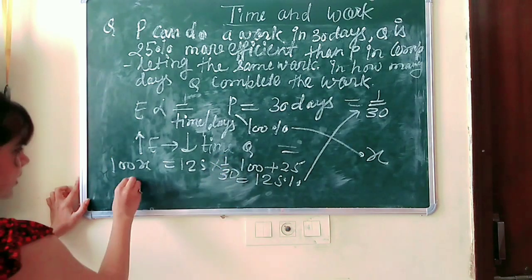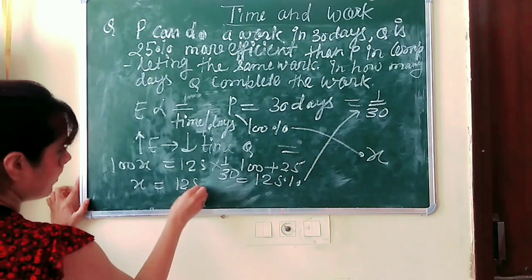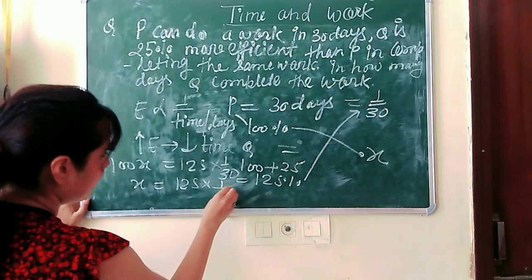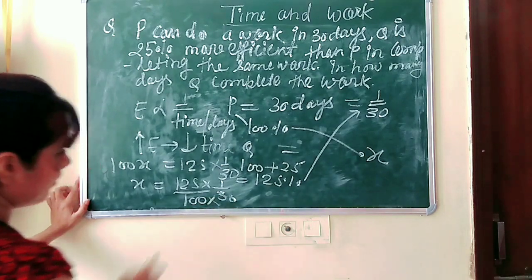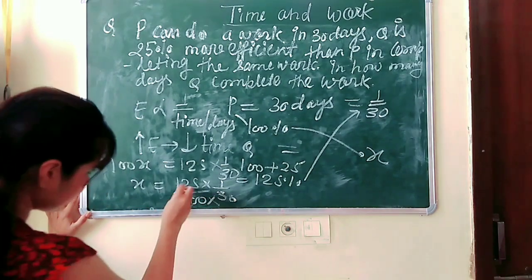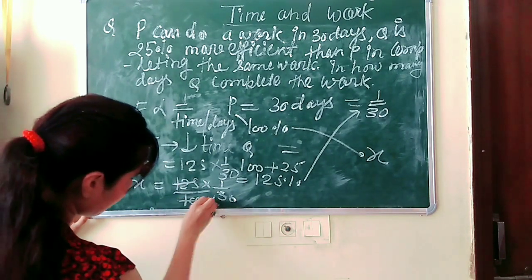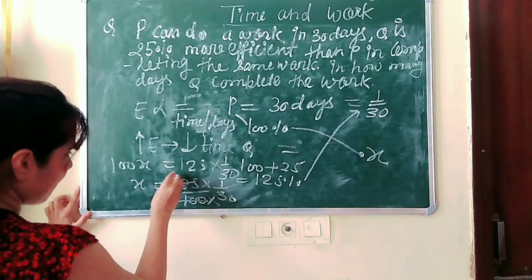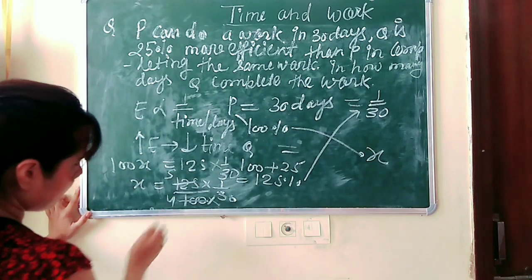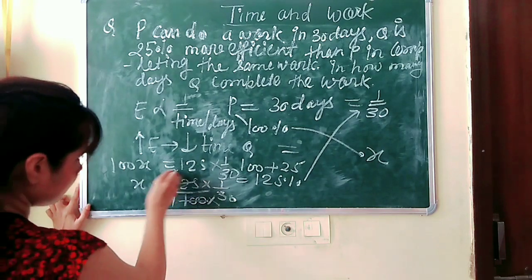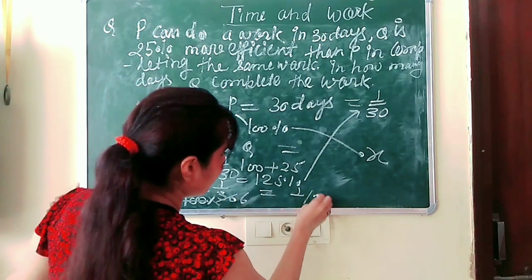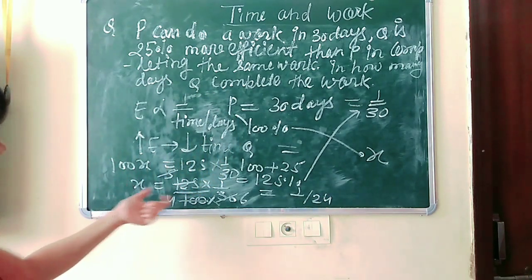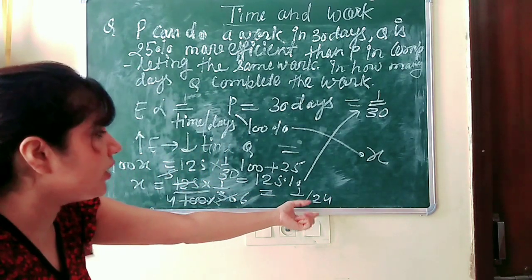Okay, so x will be 125 into 1 by 30 into 100. So x will be 1 by 24. So here we get x is 1 by 24.